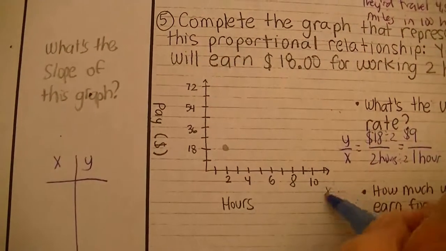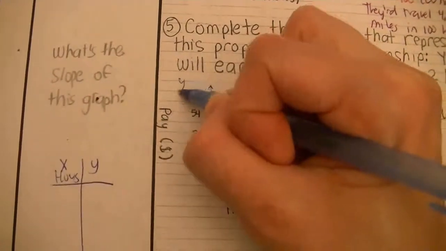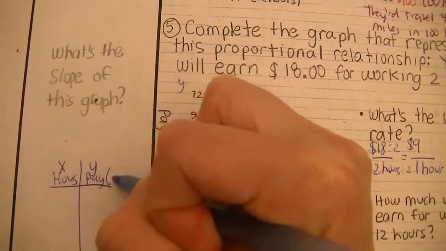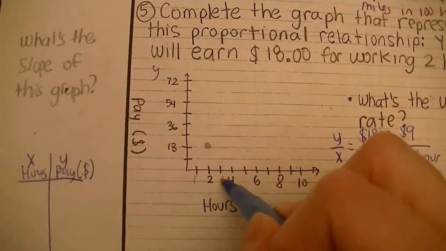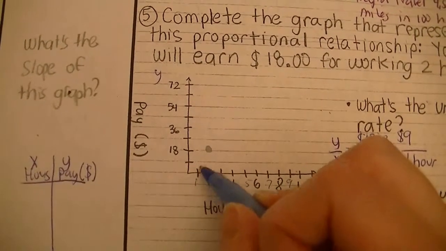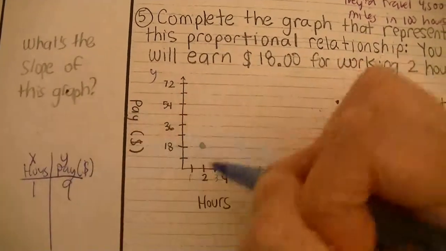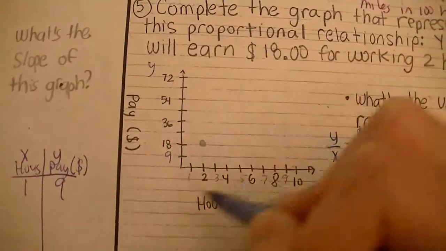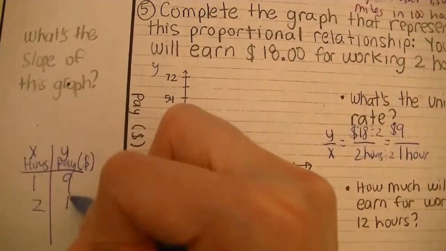Okay? So if it helps you, you can go ahead and build a table. X stood for hours. Y stood for pay in dollars. All right, so let's see, this is counting by ones. So 1 hour, I would make $9. So 1 hour, so this right here is 9. In 2 hours, I would make 18.